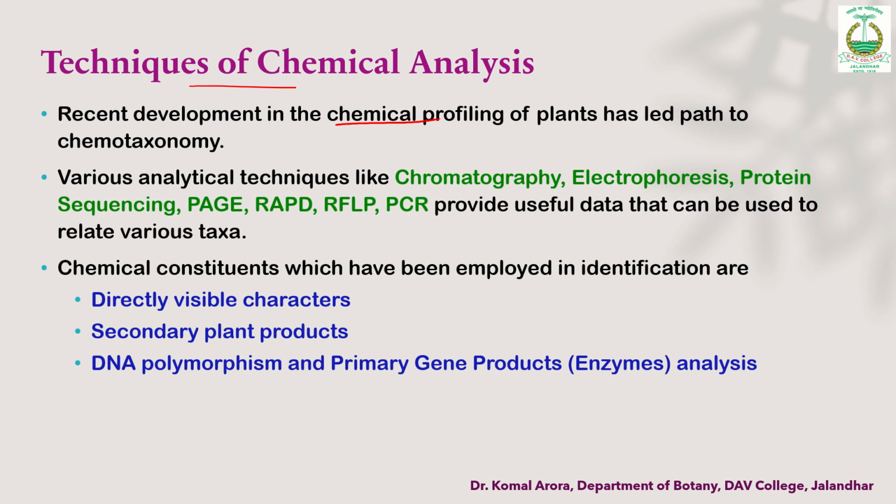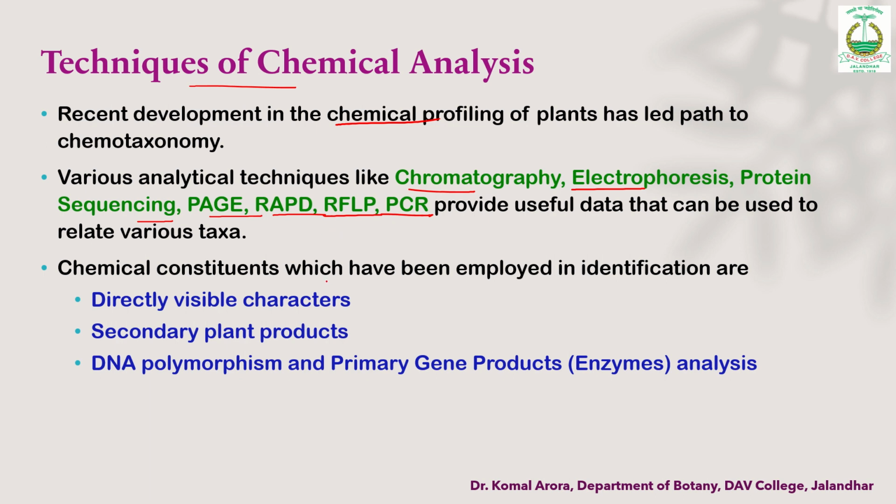Now, different techniques which are used for their identification or separation are chromatography, electrophoresis, protein sequencing, PAGE, RAPD, RFLP, PCR. All these techniques are highly sophisticated techniques which can give you accurate information about different metabolites.